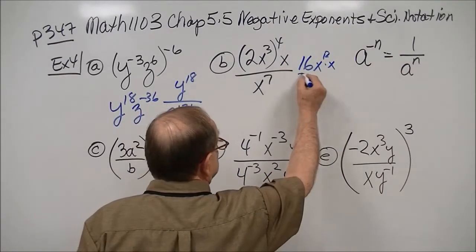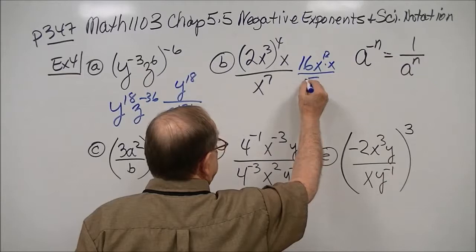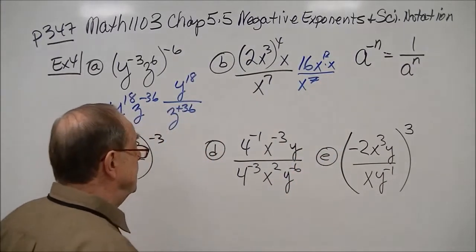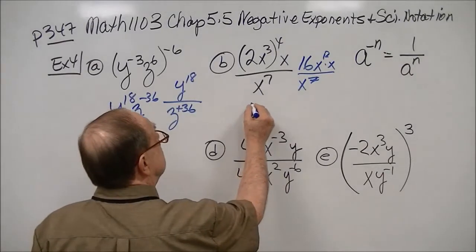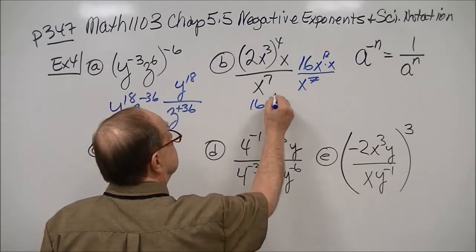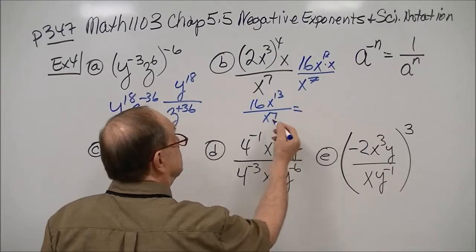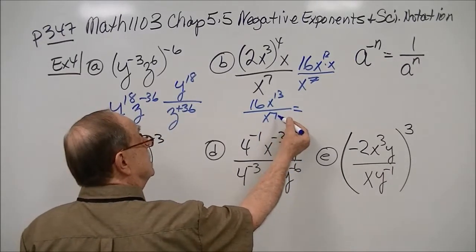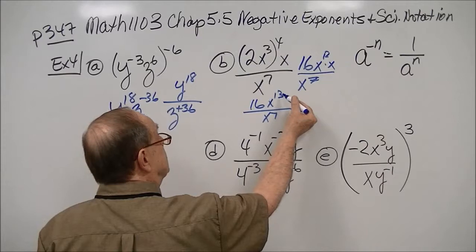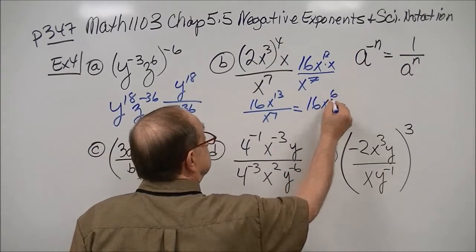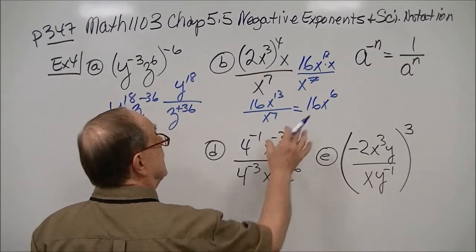And this is all over x to the 7th. Well, this then becomes 16x to the 13th over x to the 7th. And as we simplify, we're going to bring the 7 up and subtract it. And that'll give us 16x to the 6th, I believe. Yes.